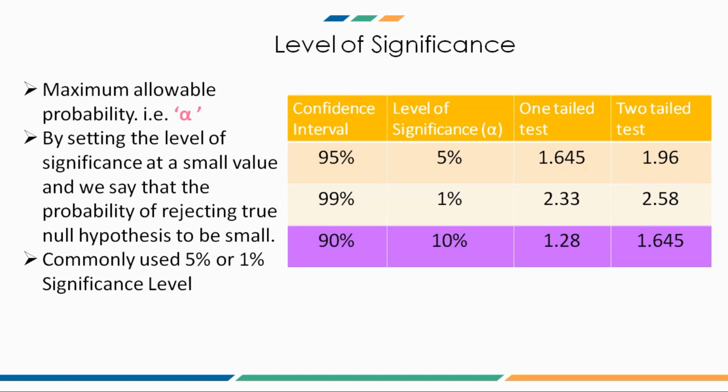So the commonly used significance levels are 5% or 1%. This is a table given based on the intervals. If it is a 95% acceptance level, it means 5% rejection. If it is one tail, 1.645. If it is two tail, 1.96, and so on. Similarly for 99% and 90% from the large sample test.